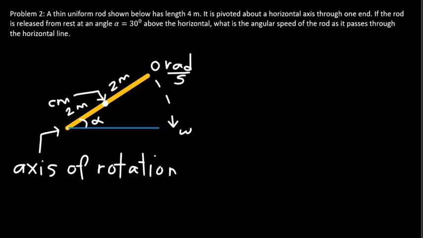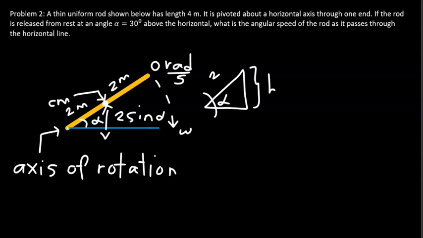The center of mass will fall a vertical distance like that. So that distance is obviously 2 sine alpha, because what you have is a triangle like that. That is alpha, this is 2, and this is the falling distance of the center of mass, 2 sine alpha.